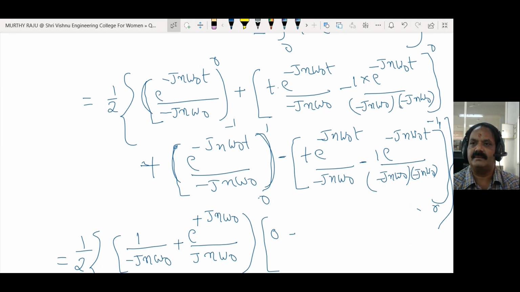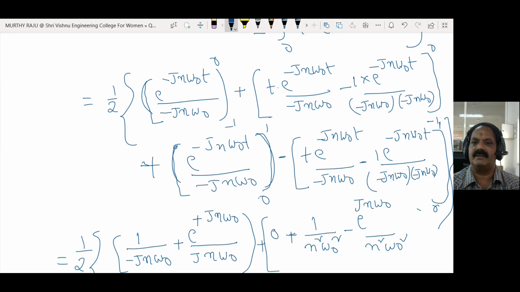Minus into minus plus, j into j squared is minus 1, giving 1 by n squared ω₀ squared. Substitute the lower limit: t is -1, minus into minus plus, but for the lower limit we use minus of that one, so e^(jnω₀) by n squared ω₀ squared.